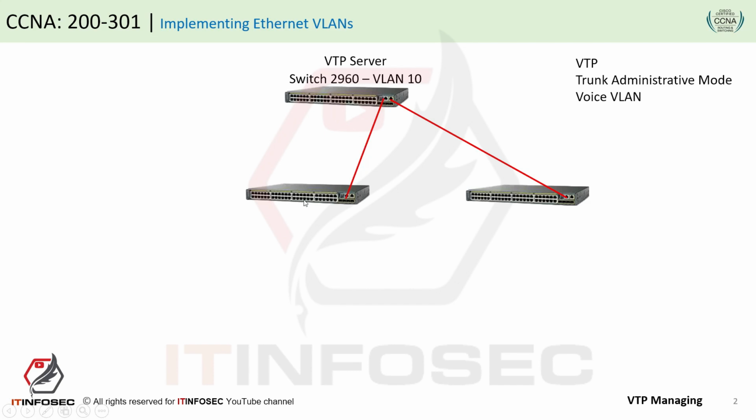But when you have some switches that you want to retrieve configuration from the VTP server, for example, when you create VLAN number 10 on one switch and you want VLAN number 10 automatically created on the downstream switches, the main switch is the VTP server, and the other switches you should configure as VTP client.